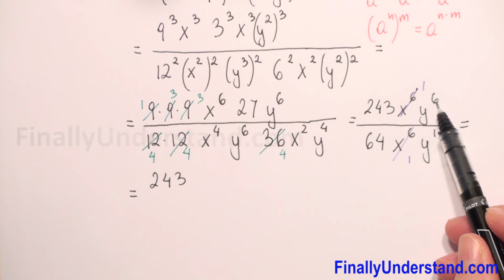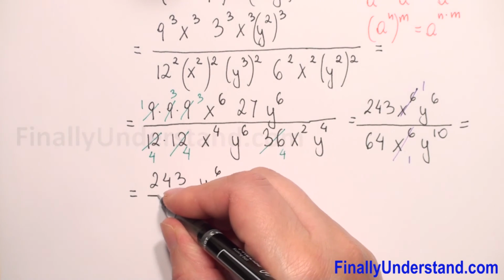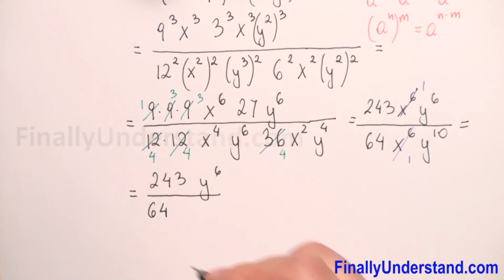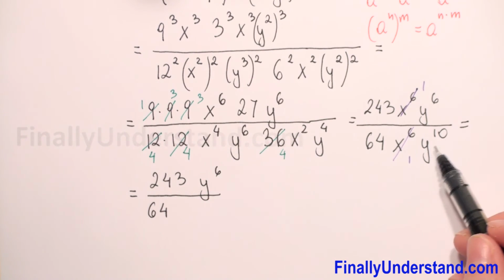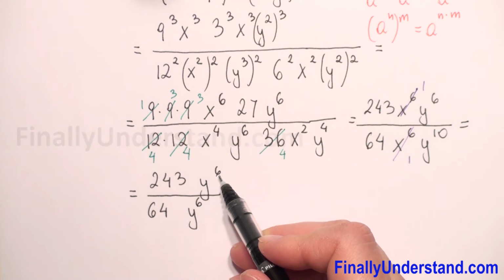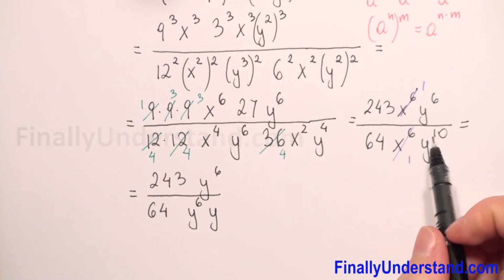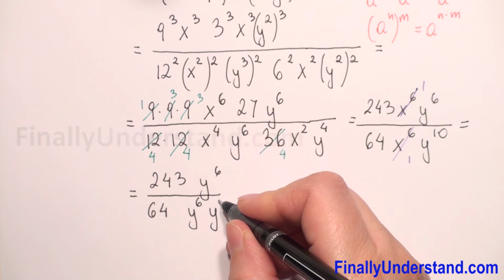So y to 6th power is smaller than y to 10th power. And now we will copy 64 and we will rewrite y to 10th power as y to 6th power times y to the 4th power, because we want to reduce this y with 6th power. 10 minus 6 is 4.